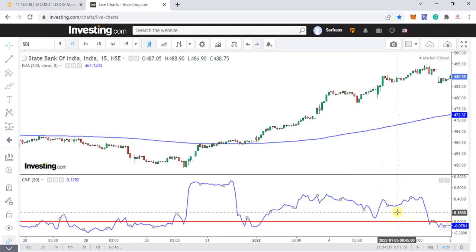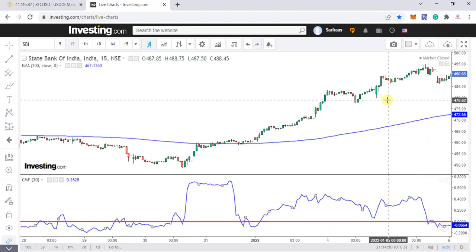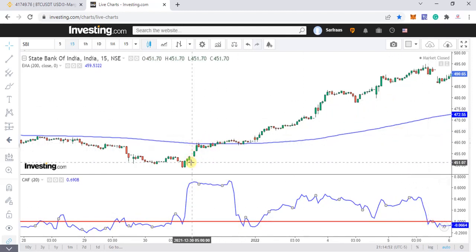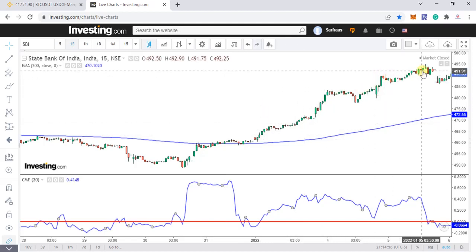So right now you can see there's a huge drop over here. The market is still bullish, so probably I will not take a sell call. But if I have a long trade, like I have entered over here, which is in profits, I will probably start booking my profits because I can see a weakness happening over here.